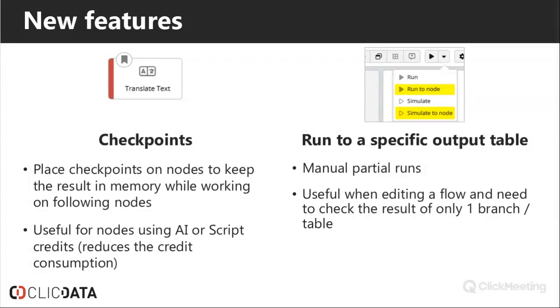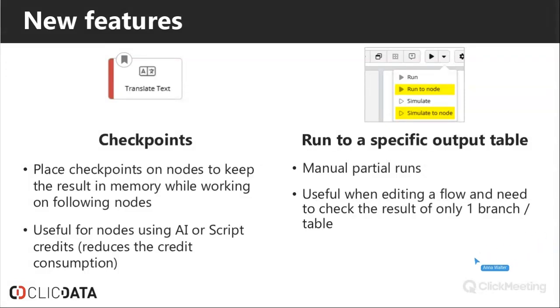If you're just working on your very last element and all the rest is fine, you just put a checkpoint there, and then it's super quick to generate the output of your subsequent nodes. Also useful for all the nodes that are using AI or script credits, because each time you run the nodes, even just for preview, it consumes credits. Using a checkpoint allows you not to use these credits for just previewing.